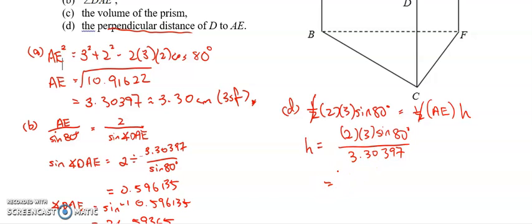So on our calculator, I get 1.78840. So round off to 3 significant figures, 1.79 cm. So this is the shortest distance, which is also the perpendicular distance from D to AE.